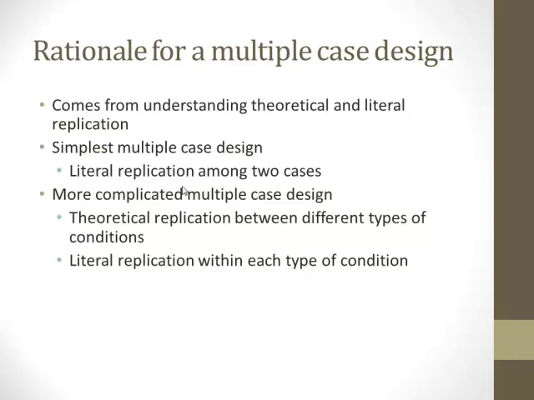We have one city describing something and another city saying, yes, this is exactly what we see. In more complicated multiple case designs, you tend to see both literal replication and theoretical replication. The difference here is how they're responding to different types of conditions.